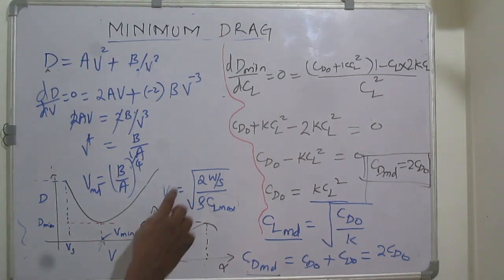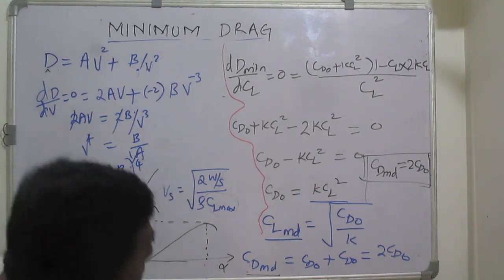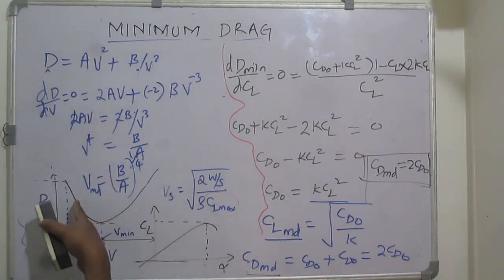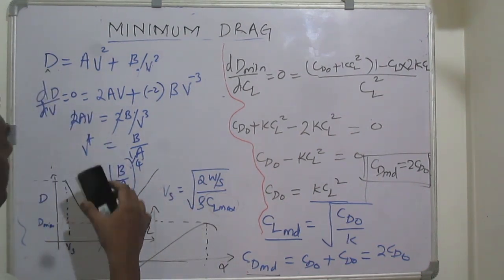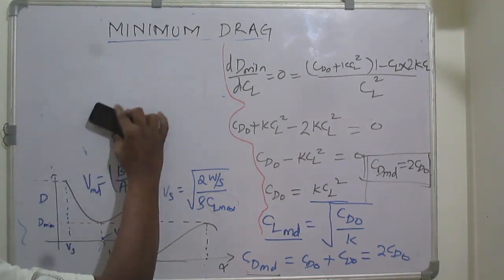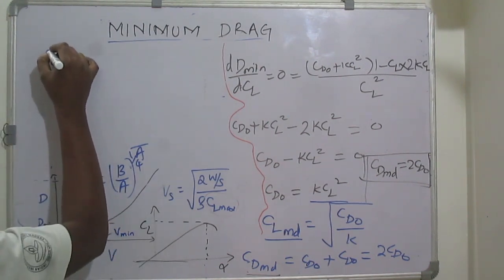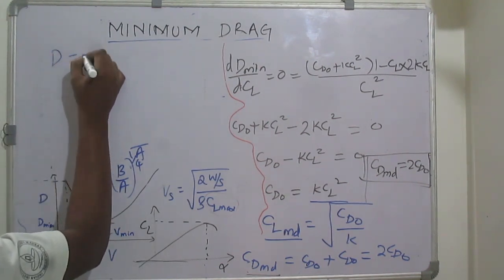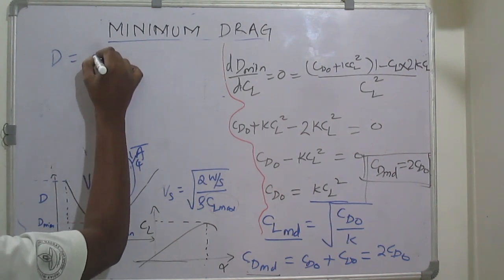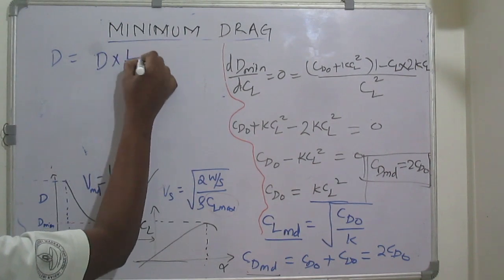CL at minimum drag, we can just use this equation, because we just got the velocity at minimum drag. CL at minimum drag we can also find out using this formula, that means drag equal to drag into lift by lift.